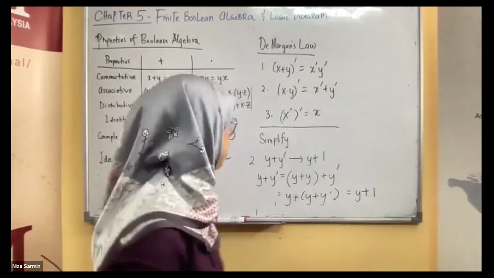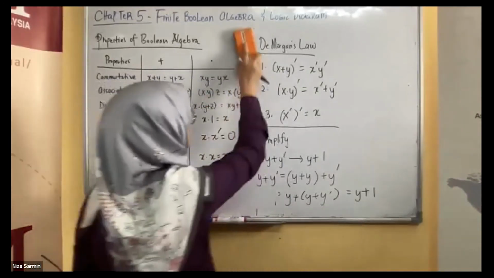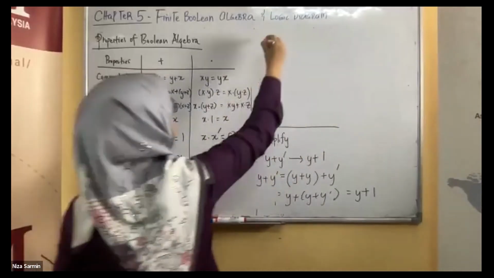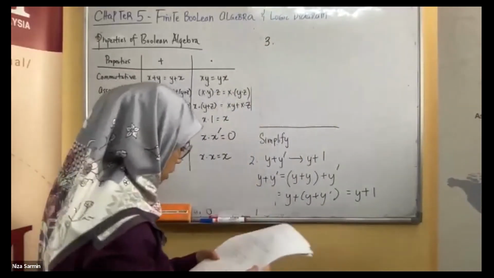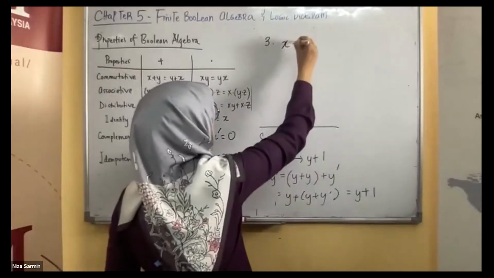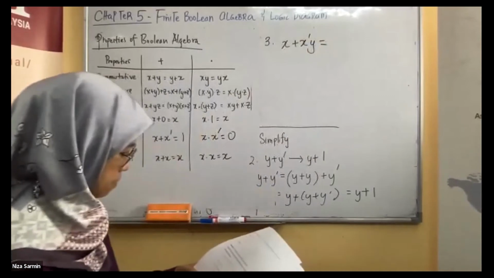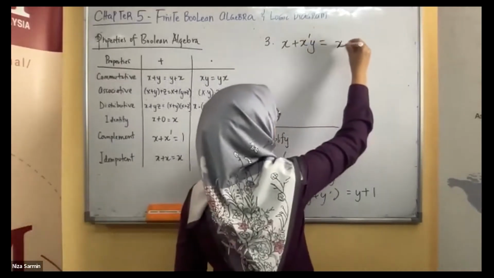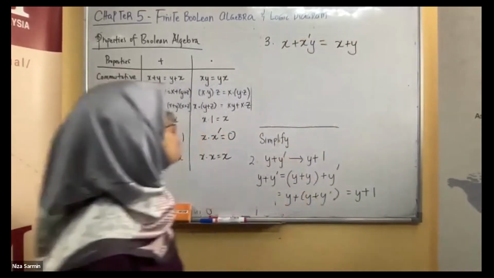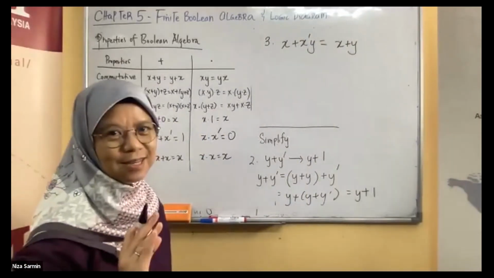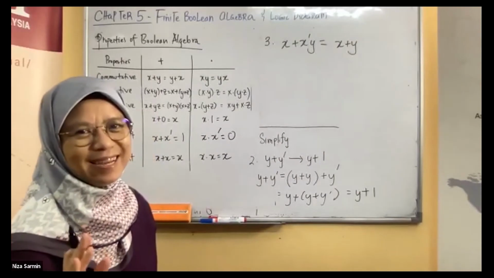Okay, one more. So it is this, number 3: x plus x prime y equals x plus y. How can you diminish the x prime?